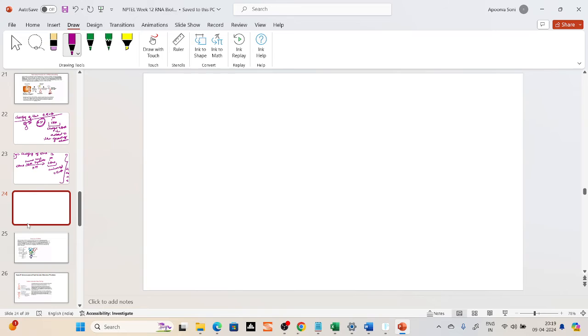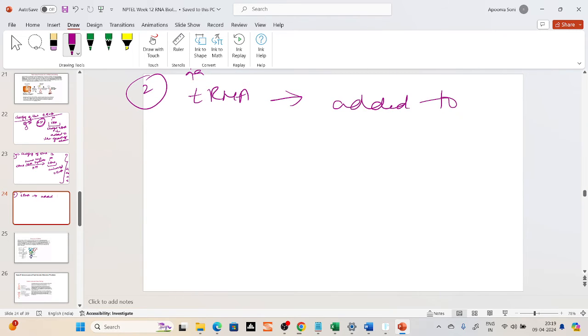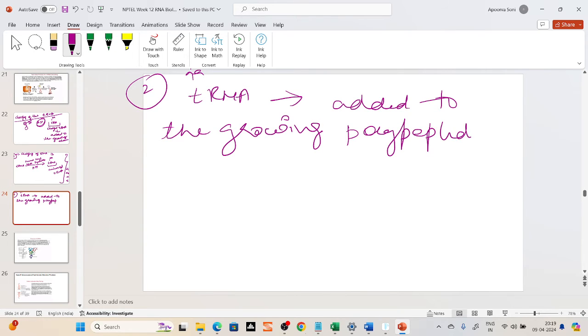The second step is that this tRNA which has the amino acid is added to the growing polypeptide chain.